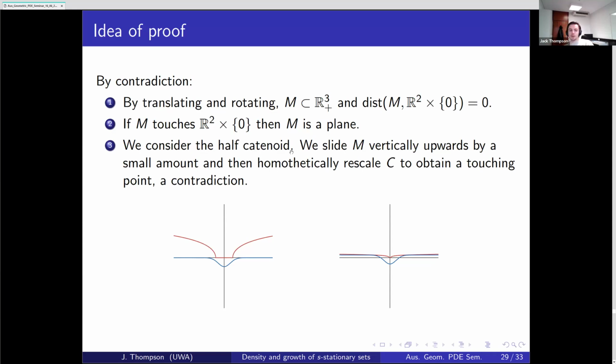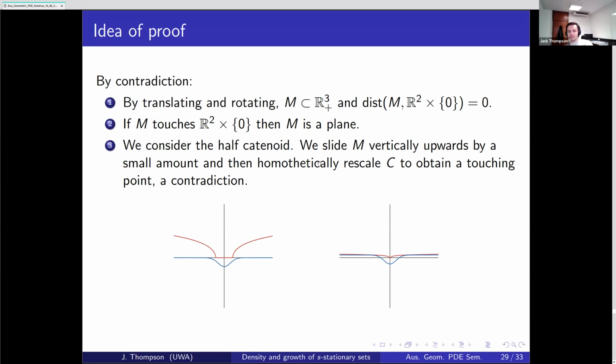And then what we do is we consider the half catenoid. So we take the catenoid and we cut it midway. Now, this is the picture. So this blue is my non-trivial minimal surface contained in a half space, and the red is my half catenoid. Now, I can slide M vertically upwards a small amount without touching C, my half catenoid.